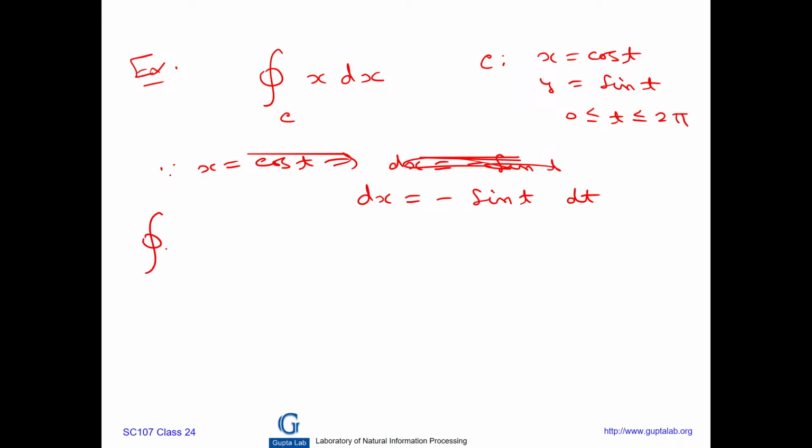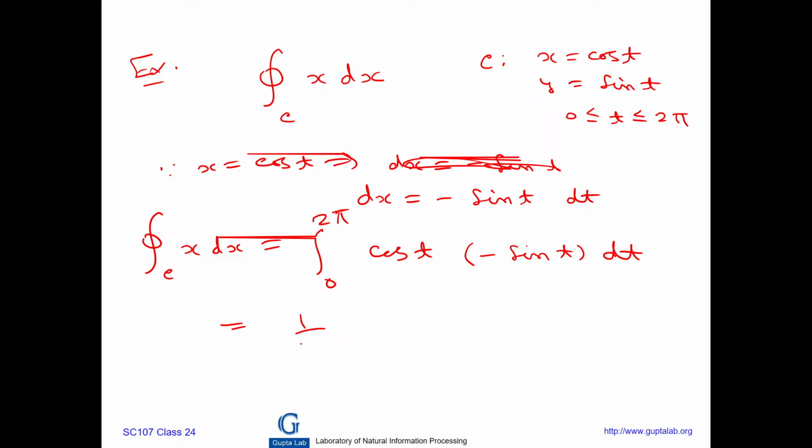So we have integration along C of x dx, which is the integral from 0 to 2 pi of cos t times minus sin t dt, and this is nothing but half of cos square t from 0 to 2 pi.